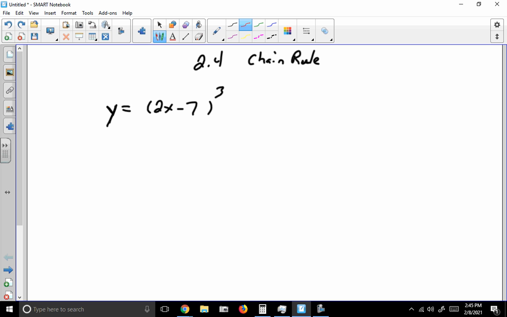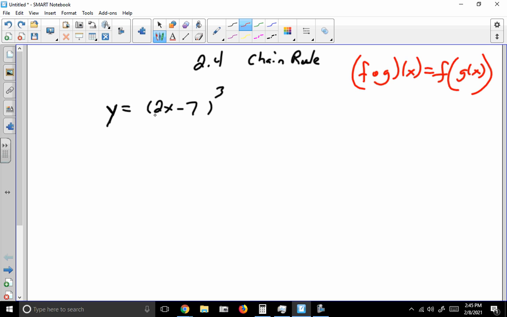This is a composition. We have an outside function. We have something to the third power. And we have an inside function. That inside function is 2x minus 7. So how do we handle a derivative of a composition? Remember when we did composition, composition means there's some function that goes on the inside, and then whatever that is, that gets plugged into another function.